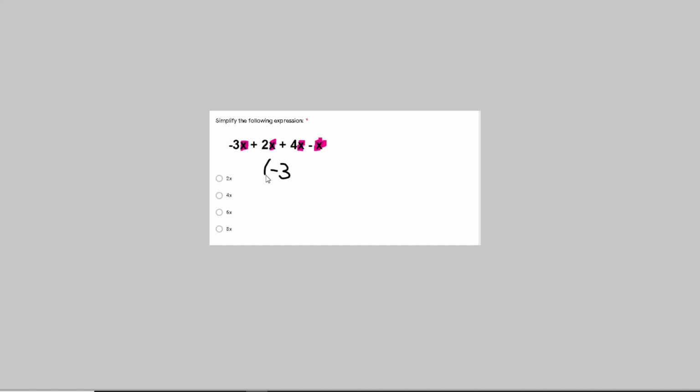Negative 3 plus 2 plus 4. And then I know we just see a minus, but remember that's a minus 1. And all this times x. So negative 3 plus 2 is negative 1. Plus 4 is positive 3. Minus 1 is 2. So this will give us 2x.